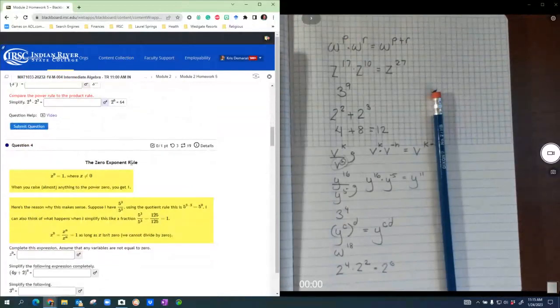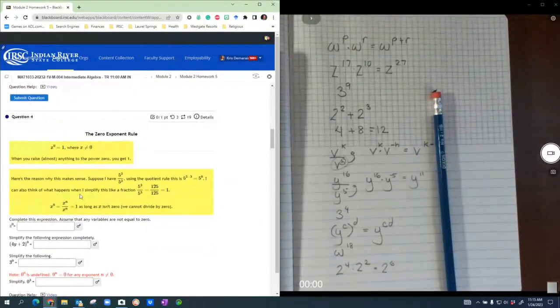Now you have the zero exponential rule, which is anything raised to the 0 power is equal to 1. So those are good things to remember. Anything over itself is equal to 1. So it's really important to see that anything raised to the 0 power is equal to 1. So the answer for this one is 1. The answer for this one's 1.